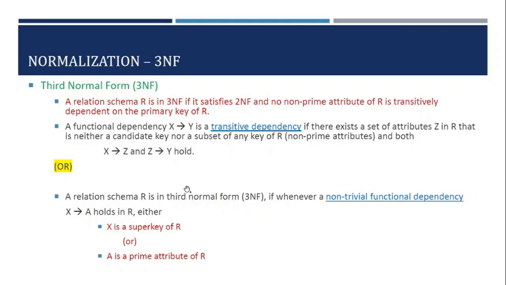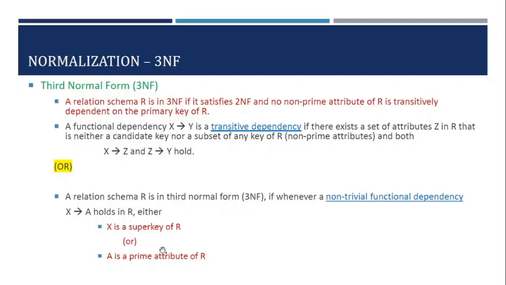There is another definition for third normal form, which states that whenever a functional dependency holds in a relation, either the left hand side should be a super key or the right hand side should be a prime attribute. Now what do you mean by a prime attribute? A prime attribute is an attribute which is part of a candidate key.